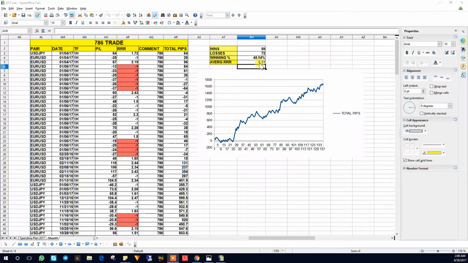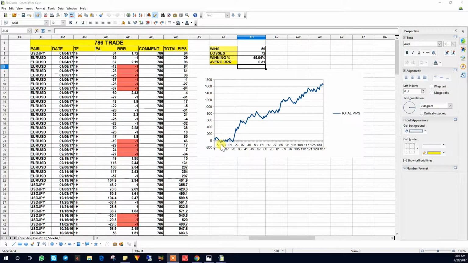It should be positive, greater than 0. If it is greater than 0, you're good to go, even though the winning percentage is less than 50%. But if it's 0 and the winning percentage is 50%, you are break even. You are not losing anything, you are not winning anything.